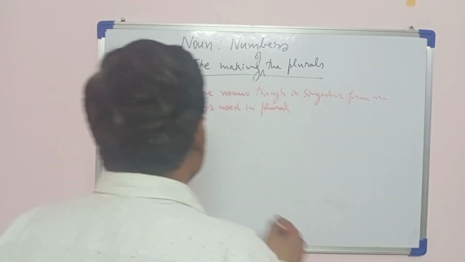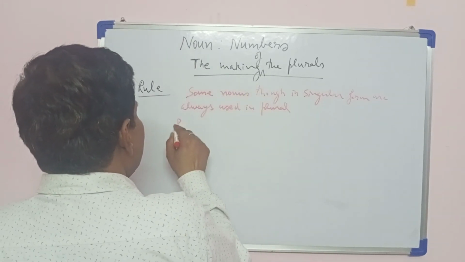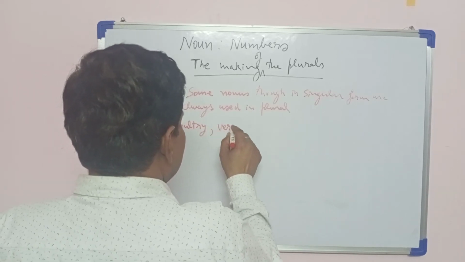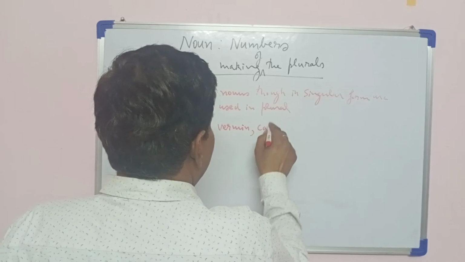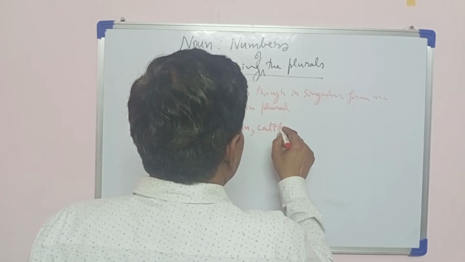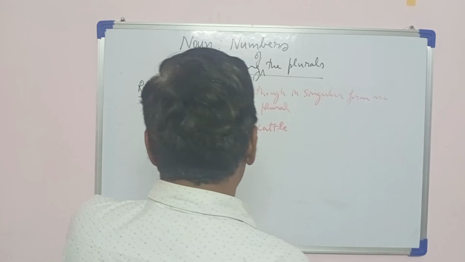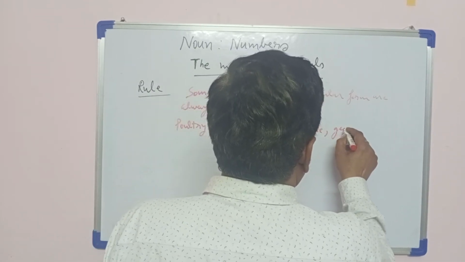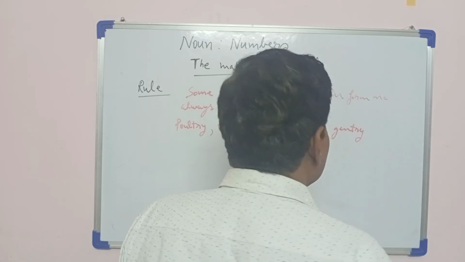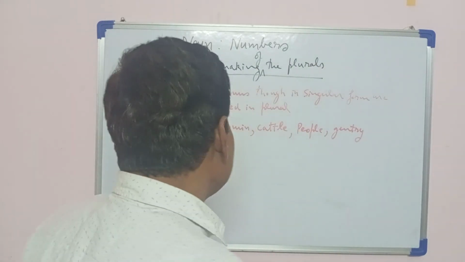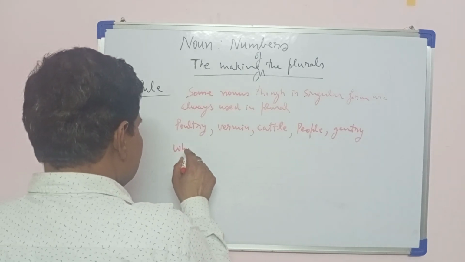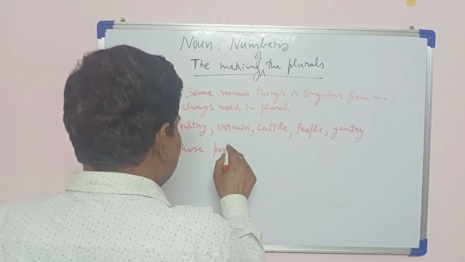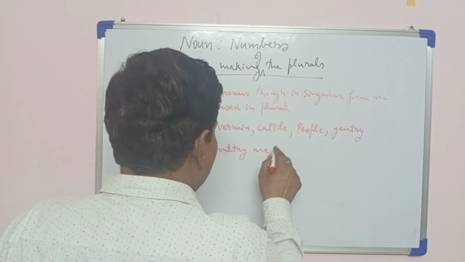Let's understand which are these, like poultry, vermin, cattle, people, gentry. Okay. Example: whose poultry are these?